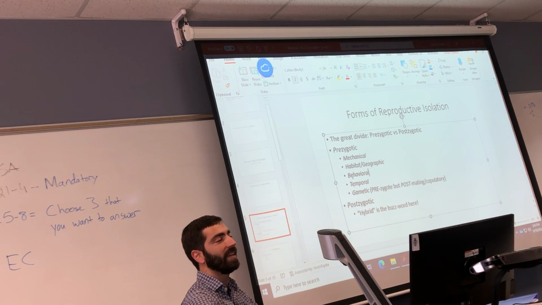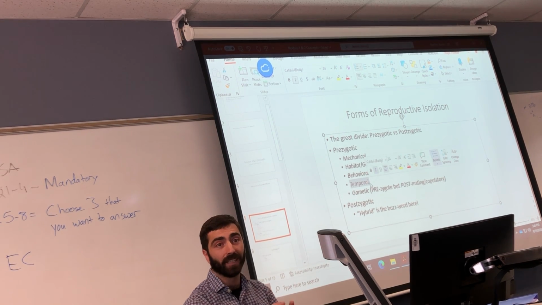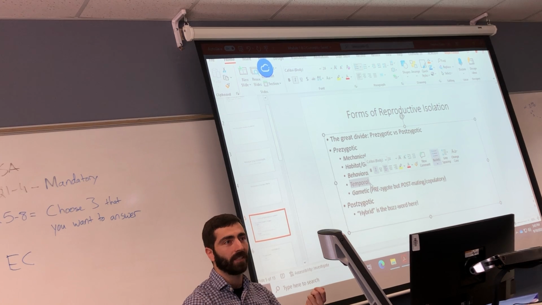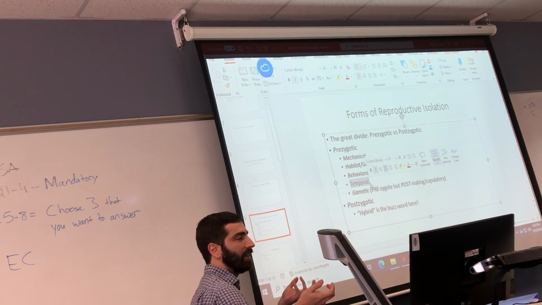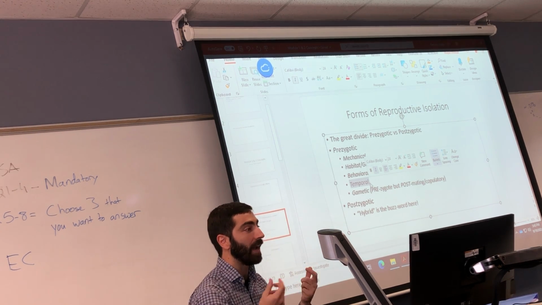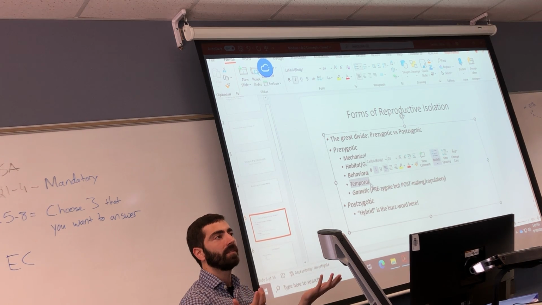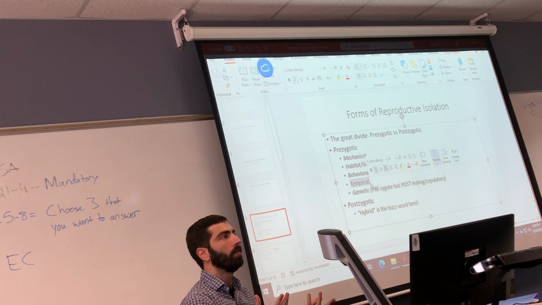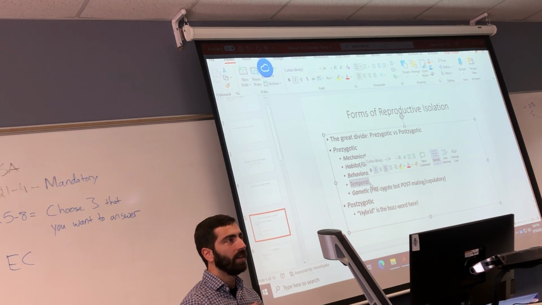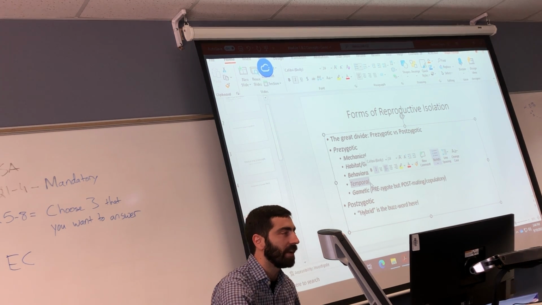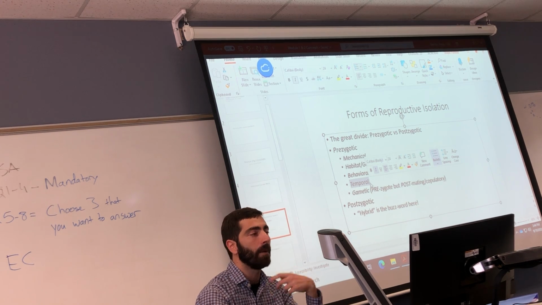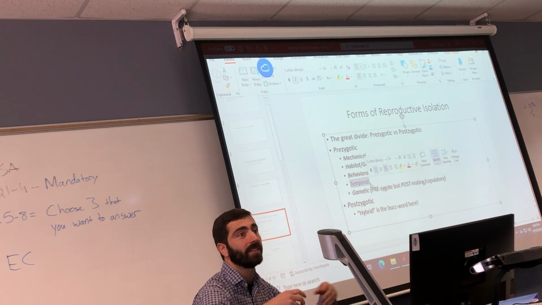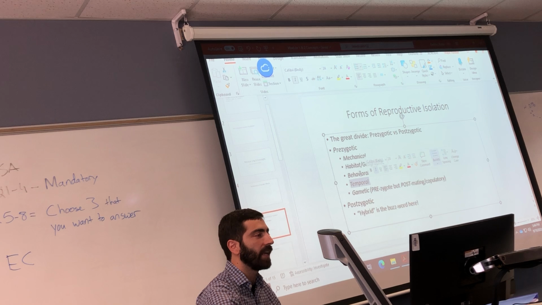So we refer to this as temporal isolation, time being the factor here. It doesn't have to be that close in time. Seasons, when we think of plants growing in different seasons, is another form of reproductive isolation. Plants that flower only in the winter versus the summer are never going to be able to mate because they just produce their gametes at different times.